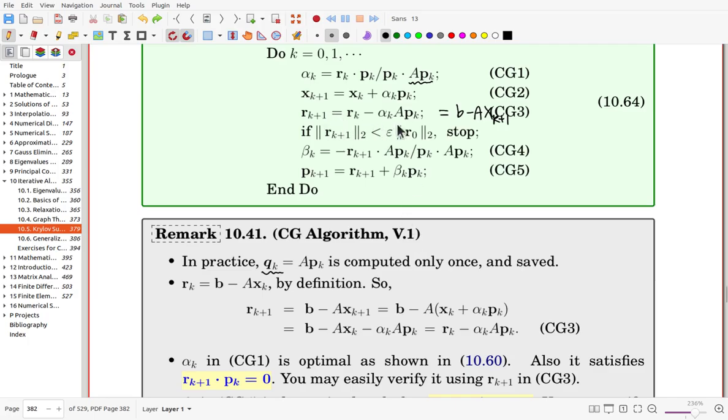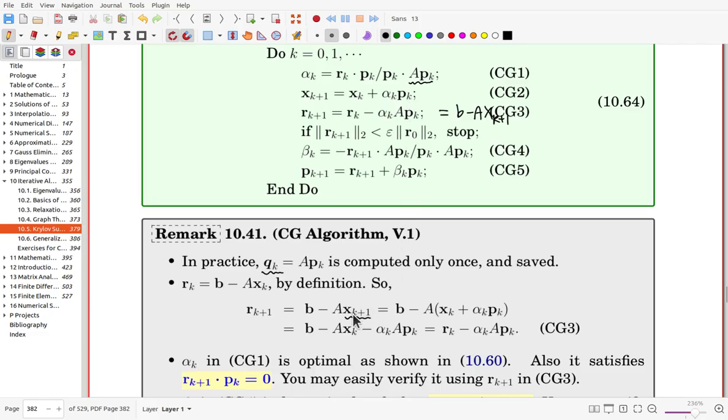Okay, for this residual computation, r_k is this one by definition, so r_{k+1} must be b minus A x_{k+1}. Now x_{k+1} from this second equation is x_k plus alpha_k p_k.